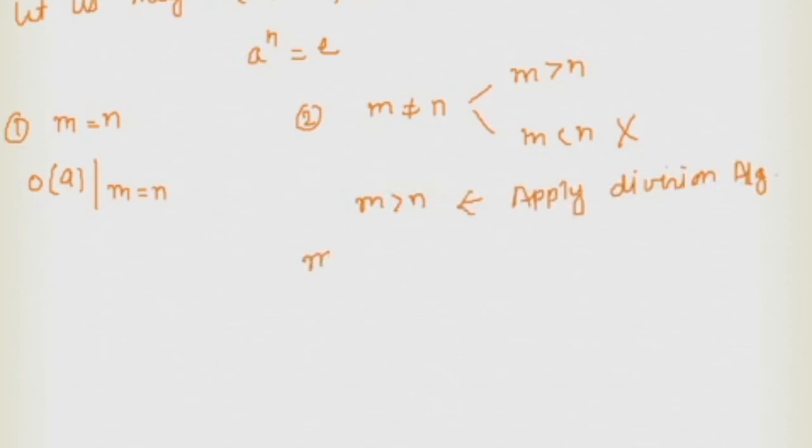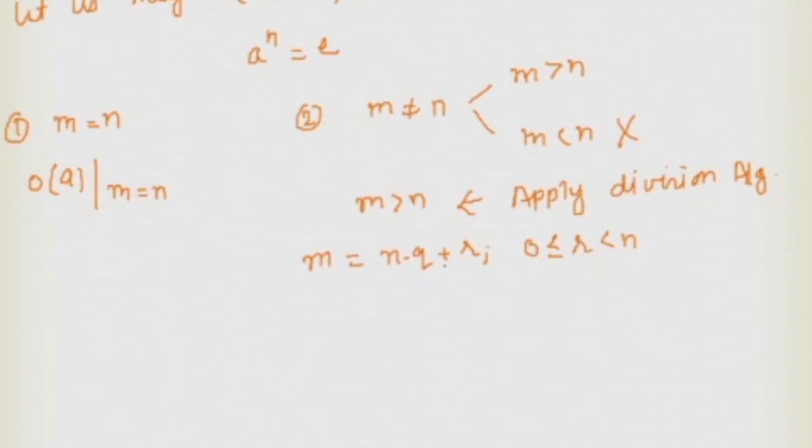M can be written as n into q plus r, where q and r are unique integers such that r can be 0 or r should lie between 0 and n. It should be strictly less than n.